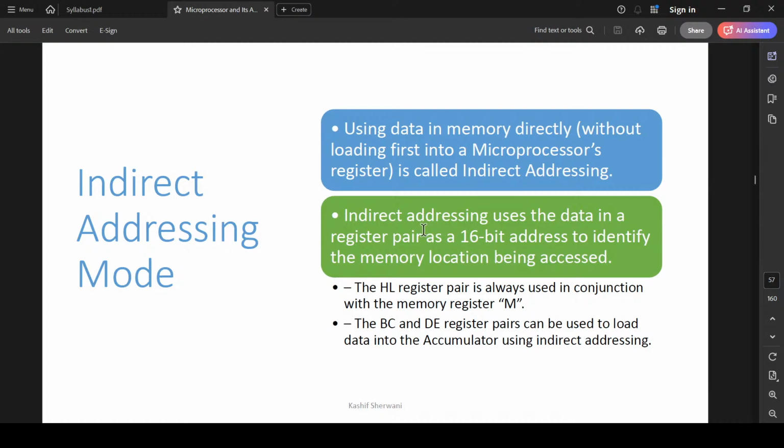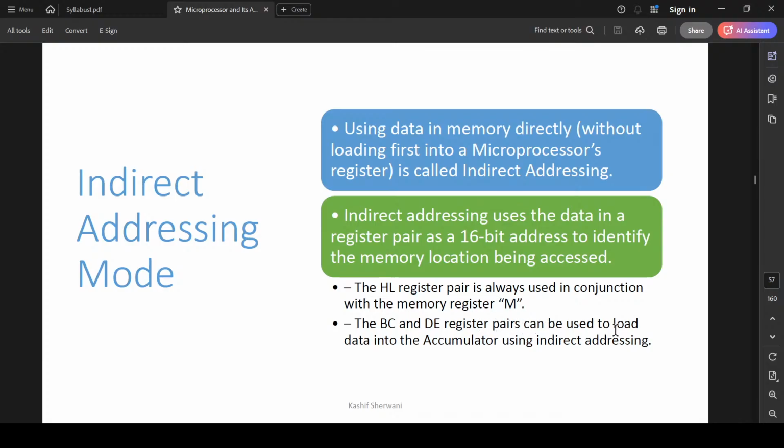Understood? See, the B and C are together. The B and C will not carry the data. Instead, they will carry the memory location, like 4000 or 5000, and at that memory location, the data is there. So the HL pair is always used in conjunction with the memory.